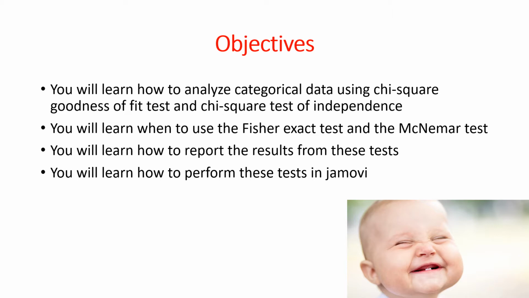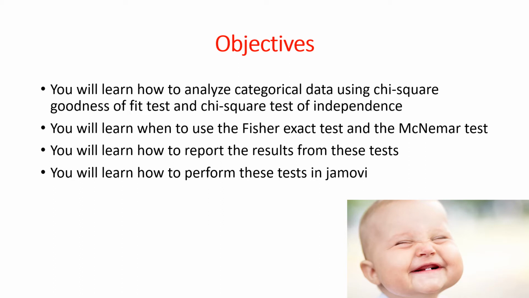A chi-square test is one of the main tests researchers use to analyze different types of categorical data. So today we're going to learn about two main types of chi-square test, the chi-square goodness of fit test and chi-square test of independence.